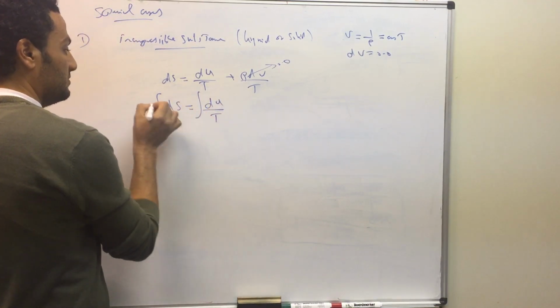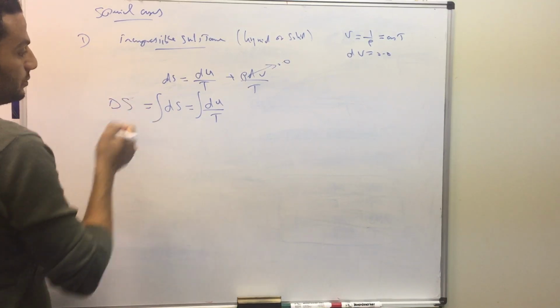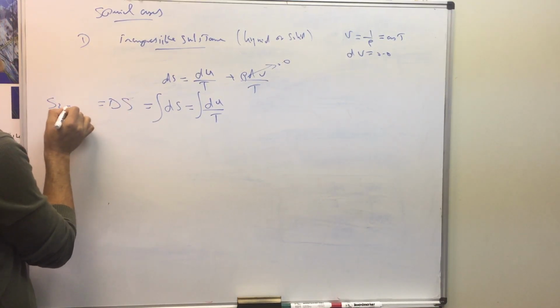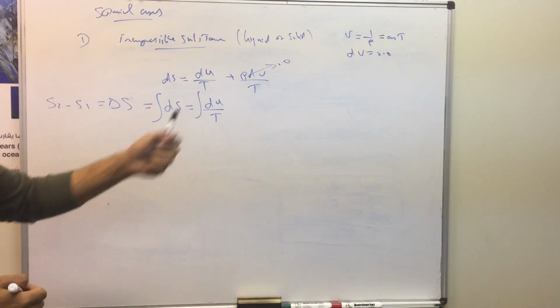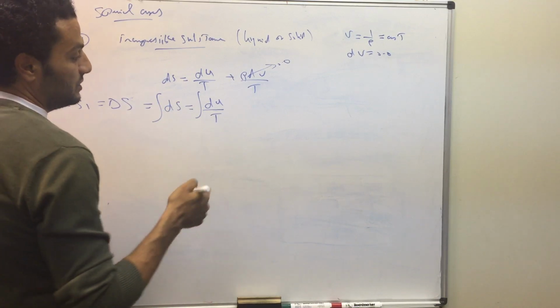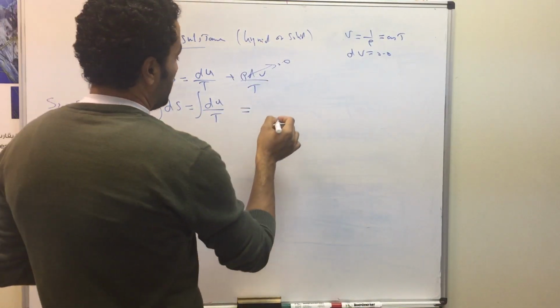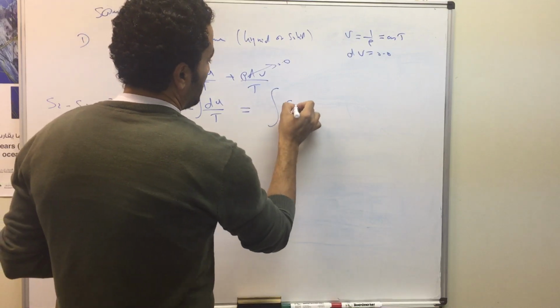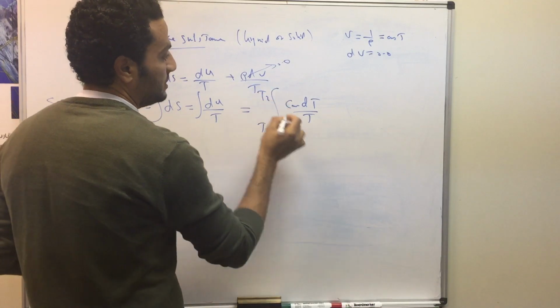So this means to calculate delta S will equal just delta U over T. And to calculate the total value of delta S, which is S2 minus S1, final entropy minus the initial entropy, equal to the integration of delta U over T. In case of an incompressible substance, delta U is equal to C average multiplied by dT, integrated over T from T1 up to T2.